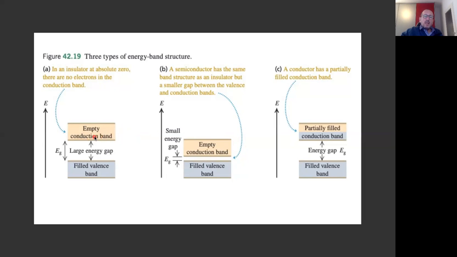But how do I put an electron there? Well, one thing that you could do is expect that it will happen because you raise the temperature. So what is the probability of having an electron here? Well, it's exactly related to the Fermi distribution.